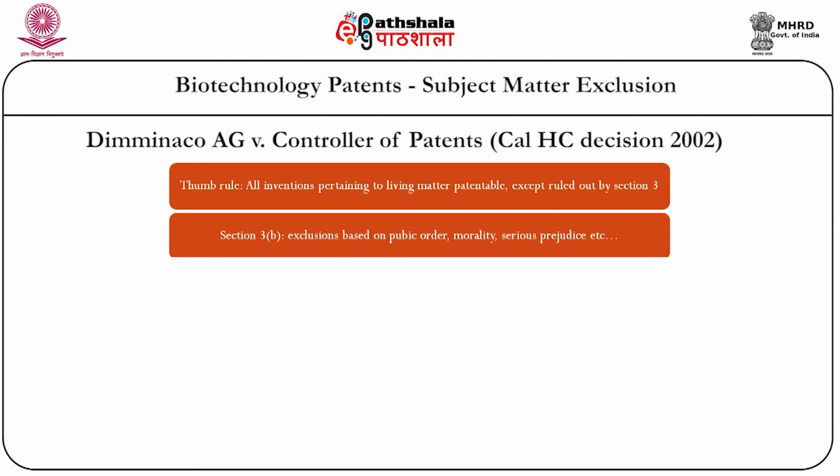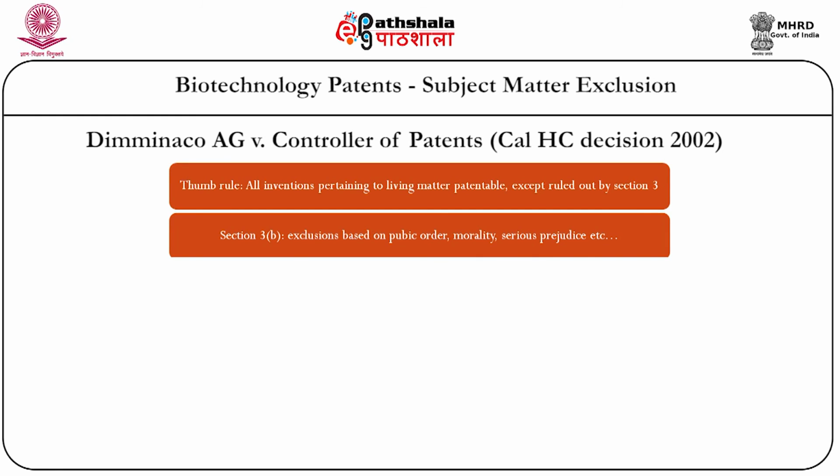Section 3B allows exclusion based on public order, morality, and which causes serious prejudice. Now, the test for public order or morality, or which causes serious prejudice to plant, animal life or human life, is not primarily relating to the invention being per se immoral, but the test is based on the commercial exploitation of such invention.